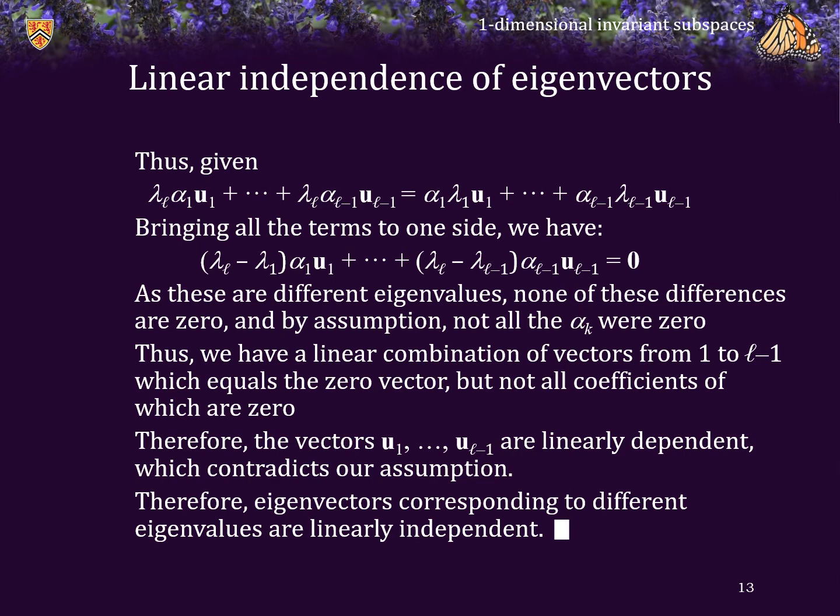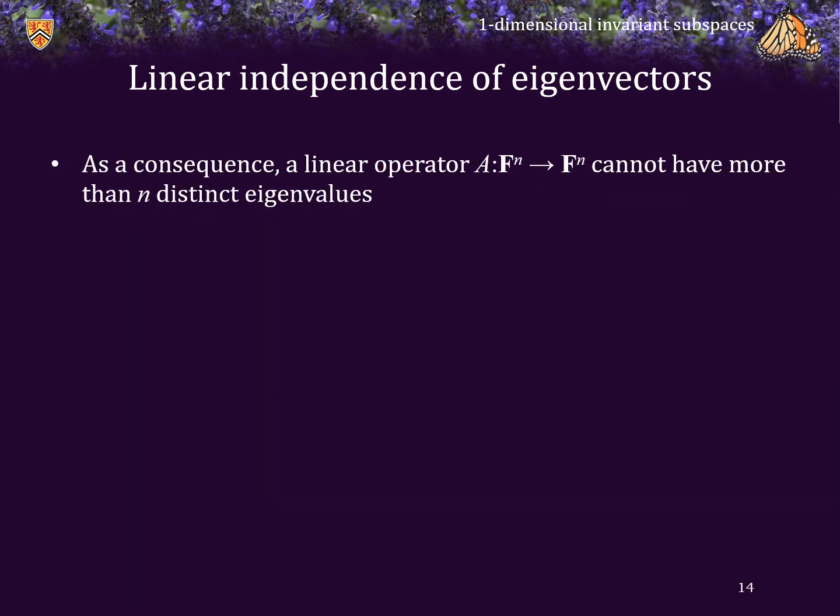Eigenvectors corresponding to different eigenvalues are linearly independent. As a consequence, a linear operator mapping a vector space to itself cannot have more than n distinct eigenvalues.